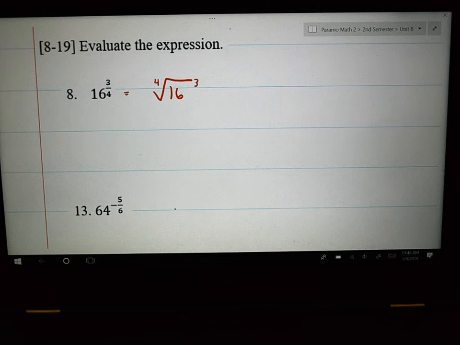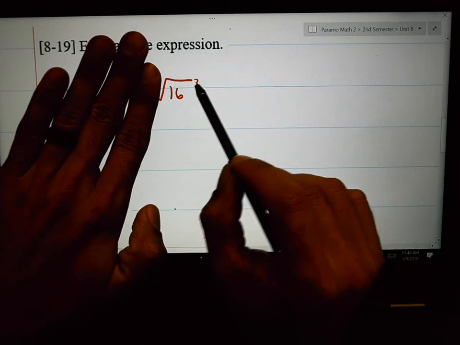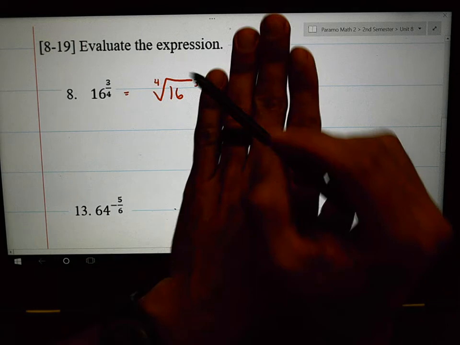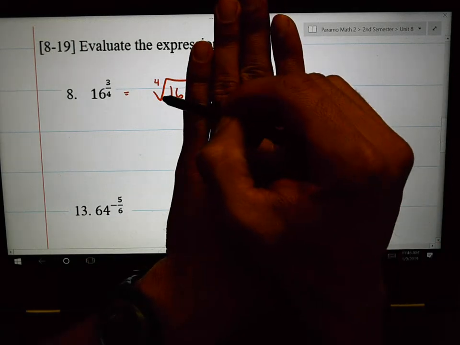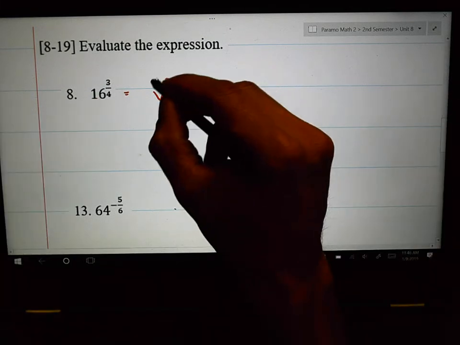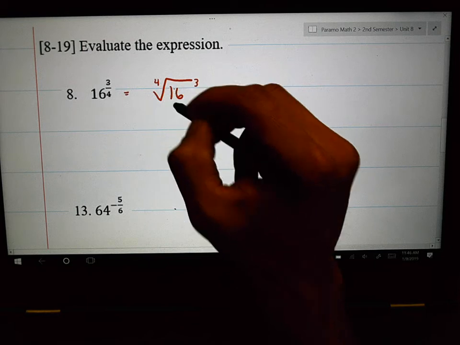And then I have a choice. You can either do 3 factors of 16 multiplied, or you can do the 4th root of 16 first. It doesn't matter which one you choose. I will always suggest to you, if you can do this part first, do this part first.